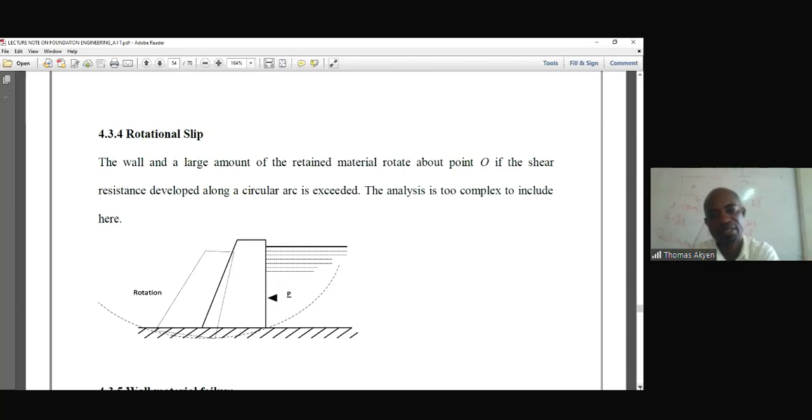The analysis is too complex to include here. So you can also see here in your picture the retaining wall and the rotational slip, how the diagram is shown.